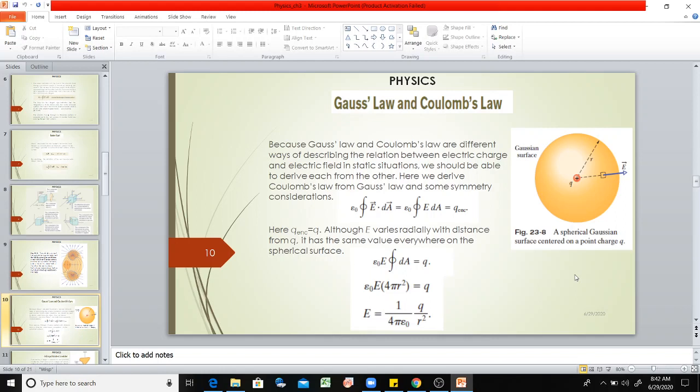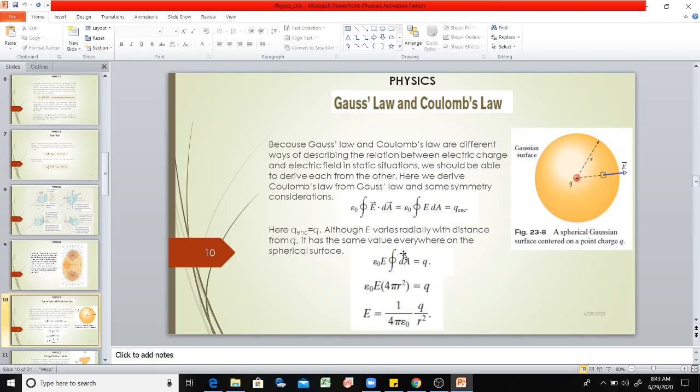surfaces. So first of all, we can derive Coulomb's law from Gauss's law. Gauss's law is a more general form compared to Coulomb's law. So from Gauss's law, epsilon naught closed integral E dot dA is equal to epsilon naught phi, which is equal to Q enclosed, the total charge enclosed by that surface.